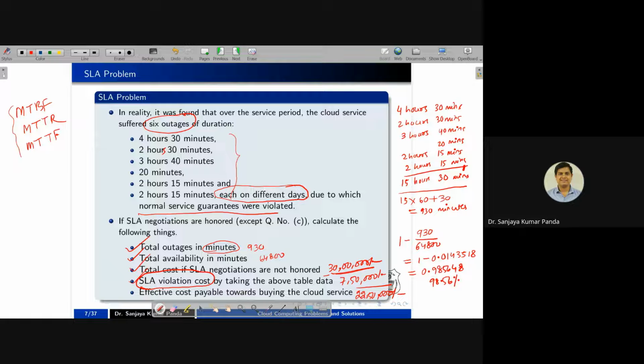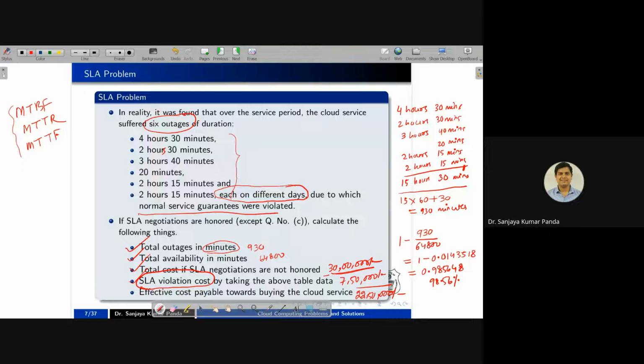Outage duration is calculated with respect to the whole period, that is 60 days, so you will not get a different value. Even if in a single day you get 6 outages and the rest of the 59 days are normal, nothing to worry.